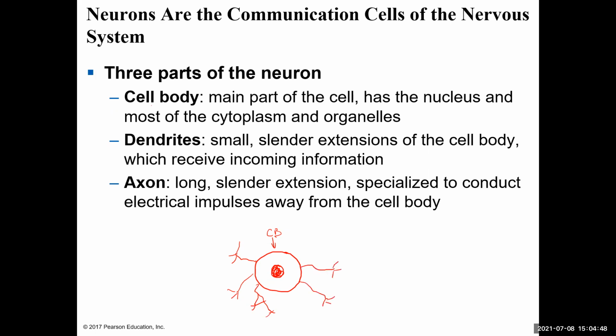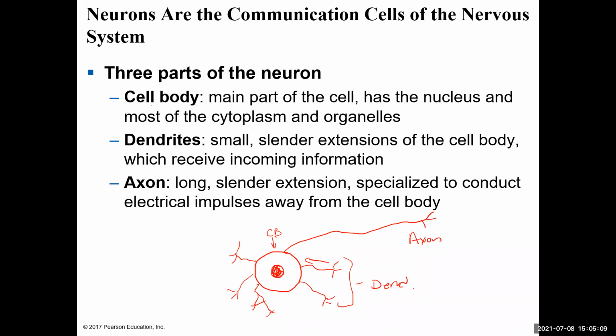These bring information to the cell body and then carry information on a longer projection. These smaller projections are the dendrites. This longer projection is the axon.